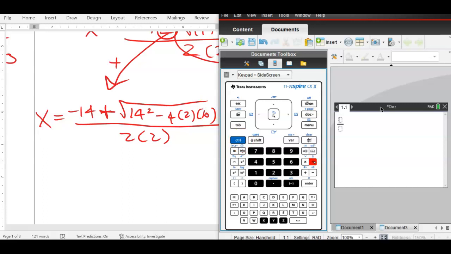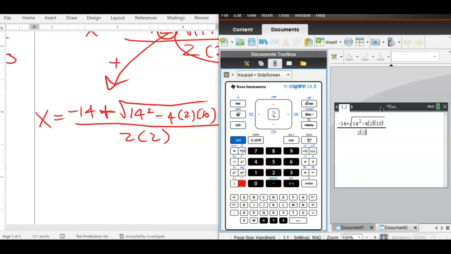Ready? Negative 14. Negative 14 plus square root 14 squared minus 4 parentheses 2 parentheses 10, go down, 2 parentheses 2.